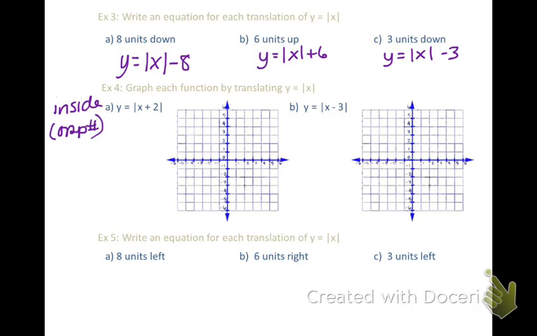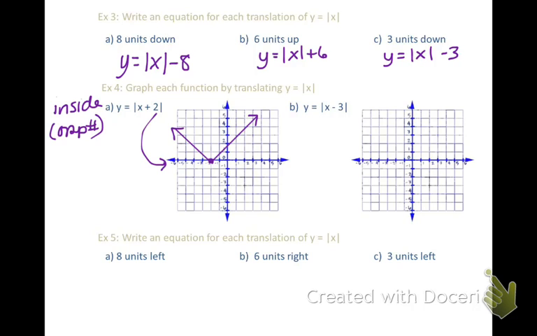If I look at y equals absolute value of x plus 2, I'm going to find negative 2 on the x line. So I'm going to find negative 2, and then draw my V from there. And there is my answer.